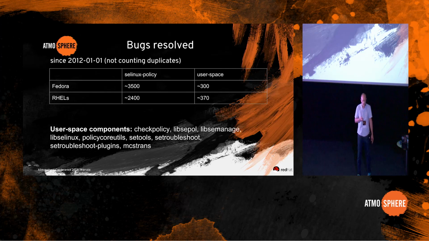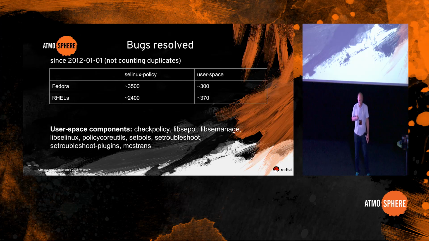If you compare the number of bugs resolved in SELINUX policy to the bugs resolved in user space, you see quite a difference, like 10 to 1.